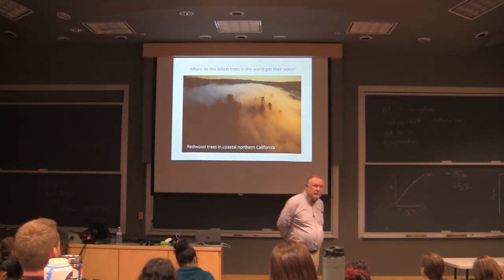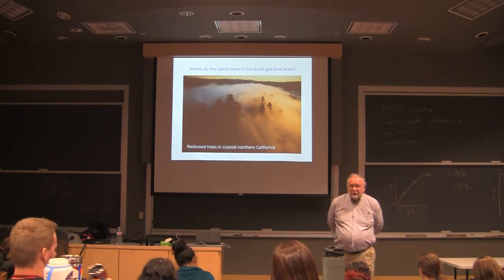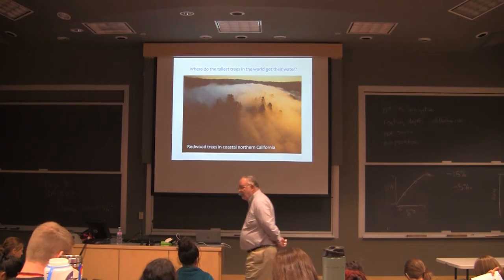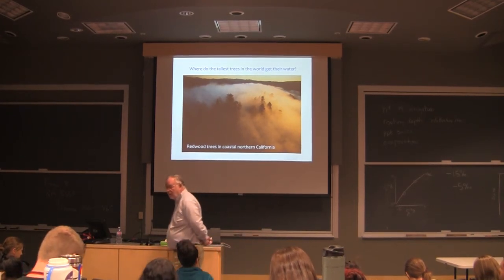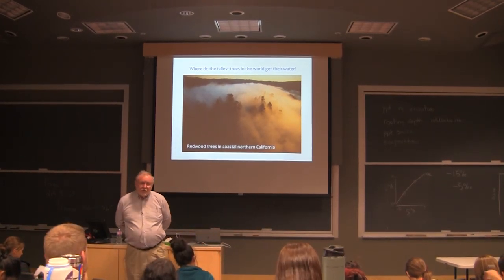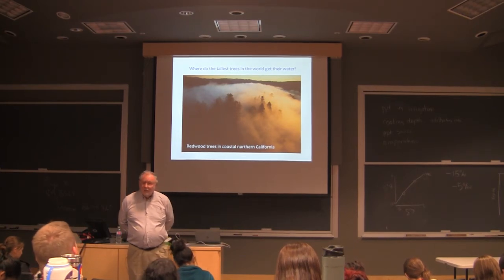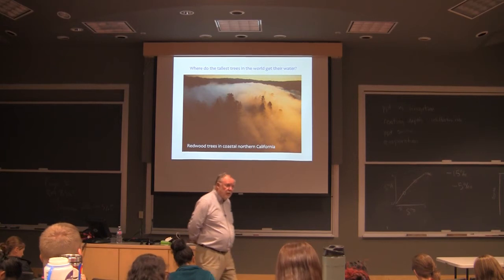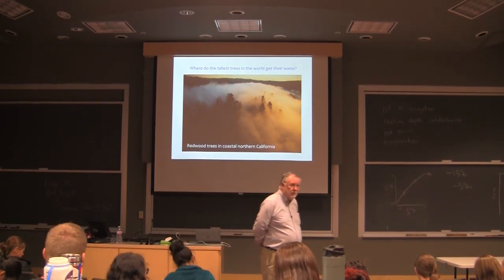One other example. So that's a summer rain example. Now I'm going to tell you about a summer fog example. This is the work of Todd Dawson. The change in moisture can come by a change in rain systems or in water sources as in the form of fog.